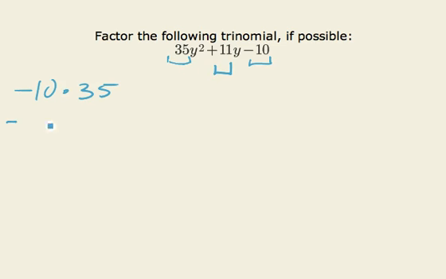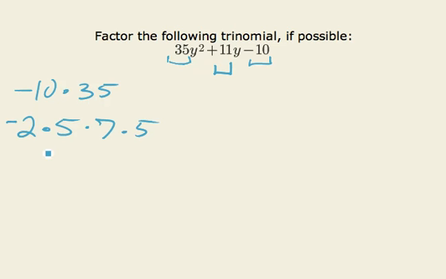So if I break these down into their prime factorization, 2 times 5 for 10, and 35 is 7 times 5, I can easily see what factors of the product -10 times 35, what factors of -350 are. I'll just pick 1 or 2 or 3 or all 4 of these numbers, multiply them together. That's one factor. Take whatever's left over, multiply them together, that's another factor. Those two numbers, when I multiply them together, will give me my -350.